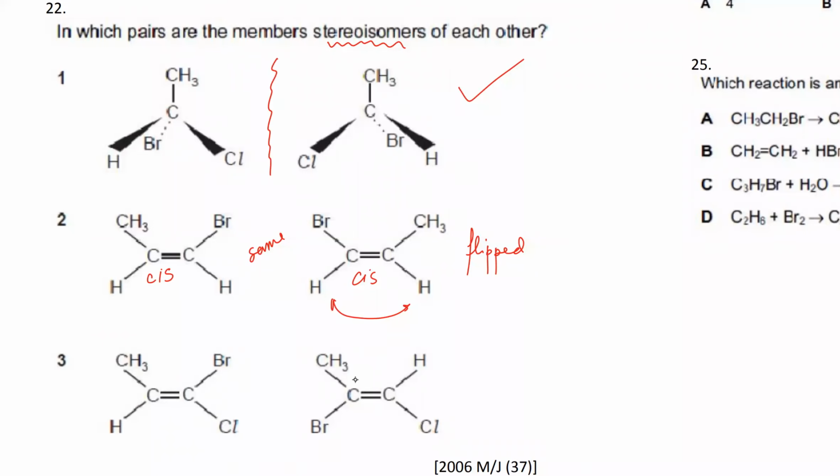So over here, both Br and Cl are bonded to the same carbon atom, but over here, the Br and Cl are bonded to different carbon atoms. So they are isomers, but they are structural isomers. So that one is also not stereo. So remember, make sure you know this difference. Stereoisomers, they would be connected in the same way, except the direction of the bonds is different. Structural isomers, they would be connected in different ways.